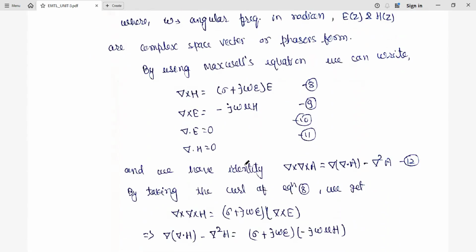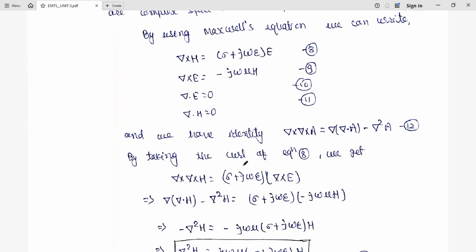Now we are going to take the help of the Maxwell equations. As you may remember, earlier we had del cross E equal to minus dou B by dou T, and B is mu H. And this dou by dou T we are replacing by j omega.